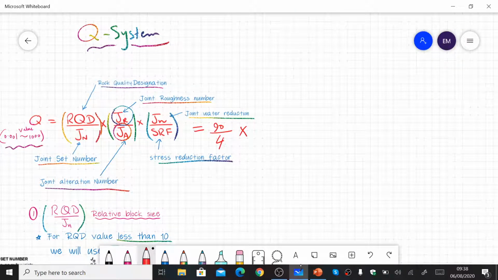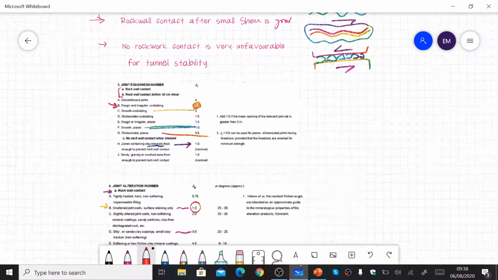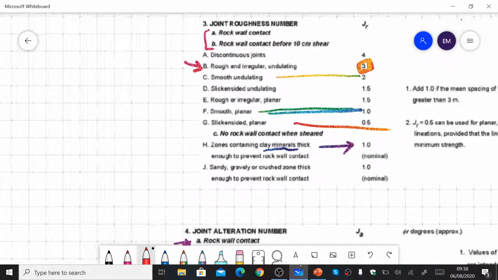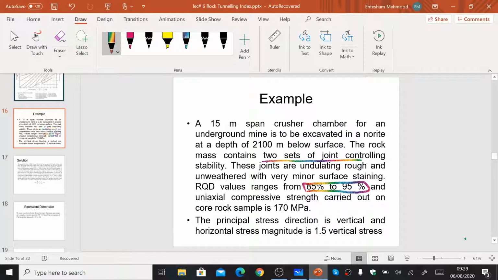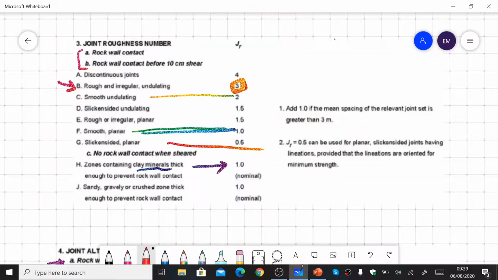And now we see Jr and Ja. I'll go to the table of Jr. We need to see if the rock wall is in contact or not. So go back there. In this equation, there is no mention of the rock wall not coming in contact. Okay, and then we have to see the details of the joint.